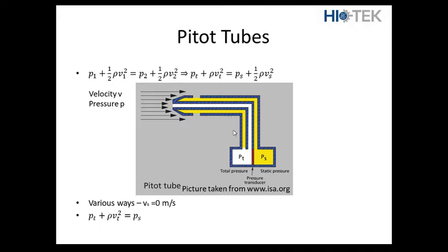We'll say P1 is PT, the total pressure, and PS is the static pressure, with the velocity Vt and the velocity Vs. But because it's static and tangential, the velocity of the air in there you can take as 0. The only velocity we have is the air flowing into the total pressure compartment. So if we make Vs equal to 0, we get that Pt is equal to the static pressure plus half rho Vt squared.